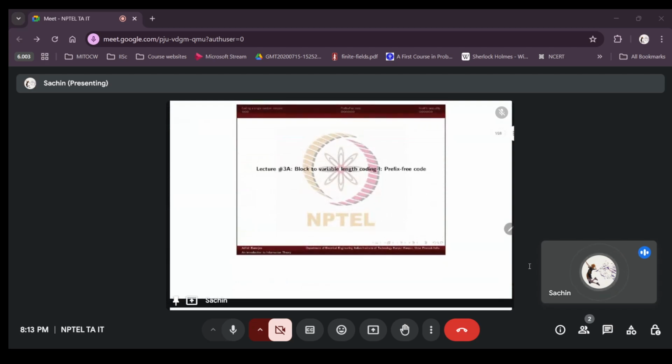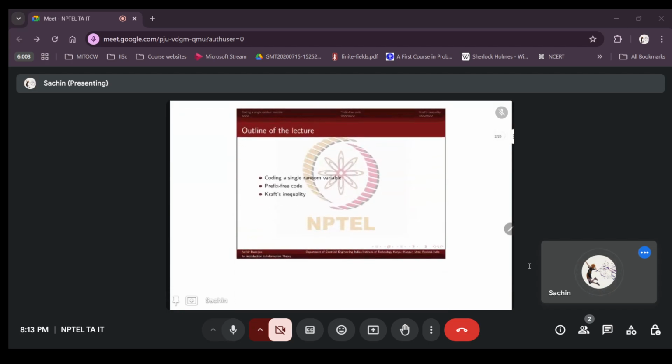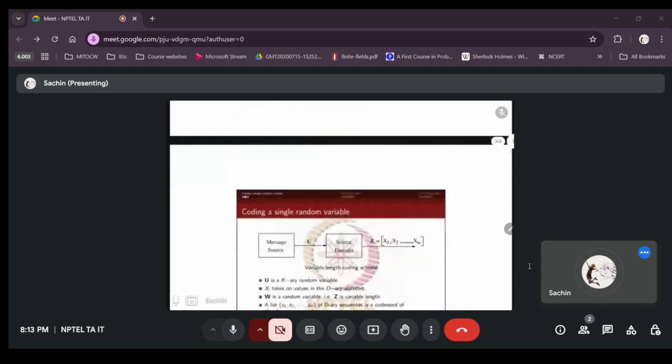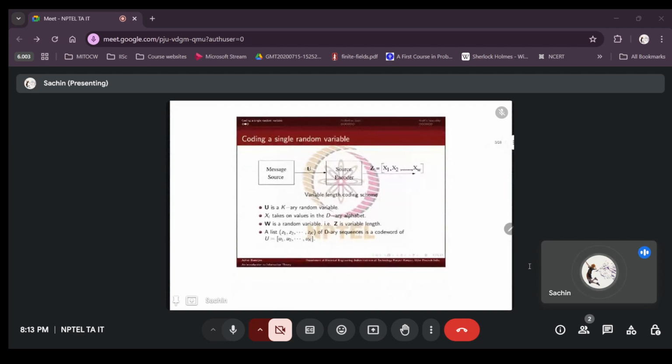In week two, we saw block to variable encoding. So you have a message source, which is a single random variable U, and you're encoding a single random variable into code words of length W, where W is a random variable itself.